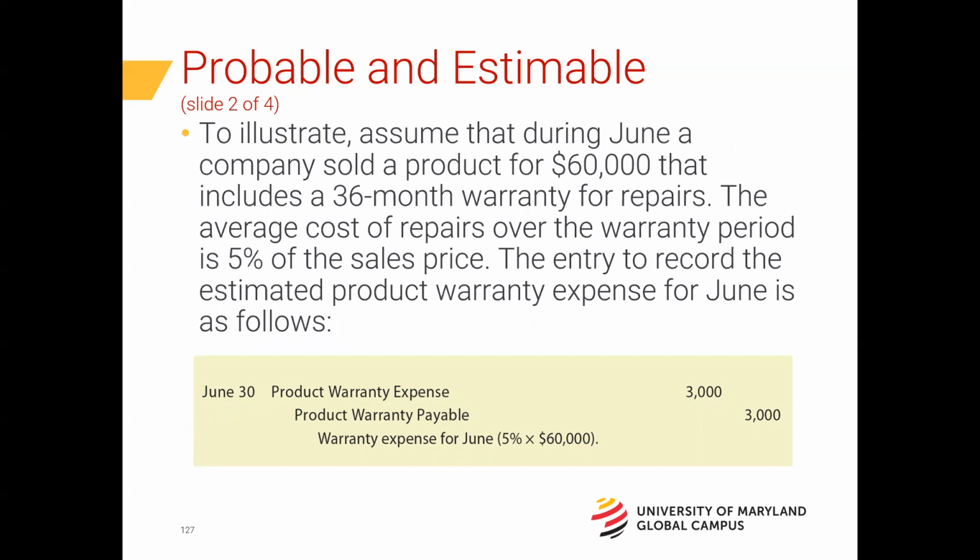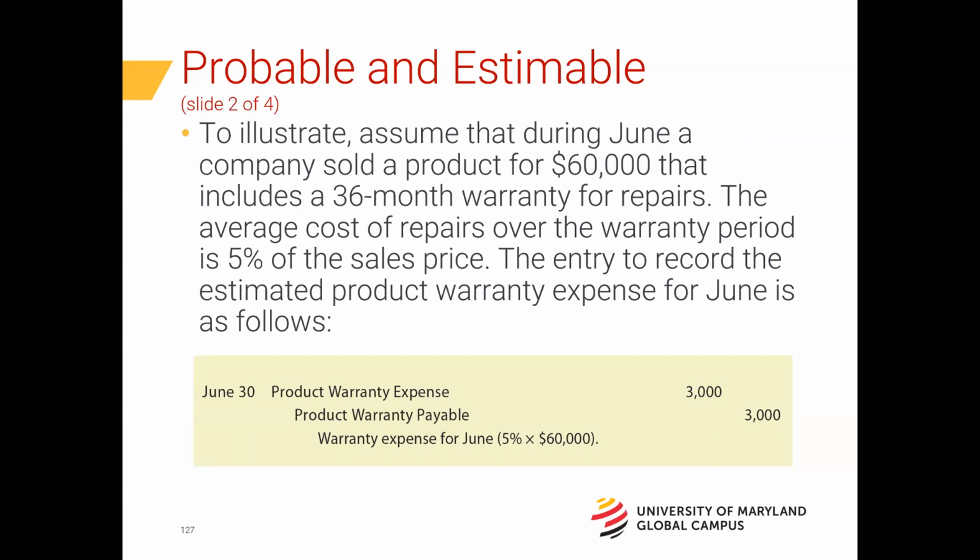If you've ever taken advantage of a warranty, that means you bought something from a company. They said, hey, this is guaranteed by the company for 1 year or 2 years or whatever. If something happens to it, it breaks for mechanical reasons, it's under warranty. There is a probable and estimable expectation that the company will indeed have to fulfill a warranty repair.